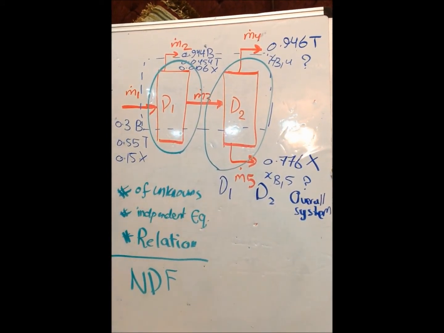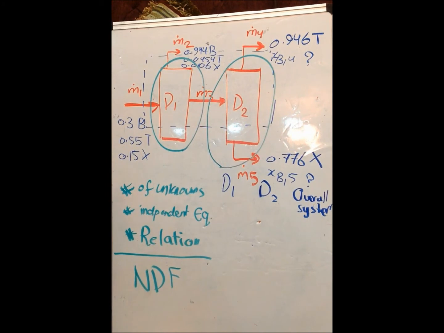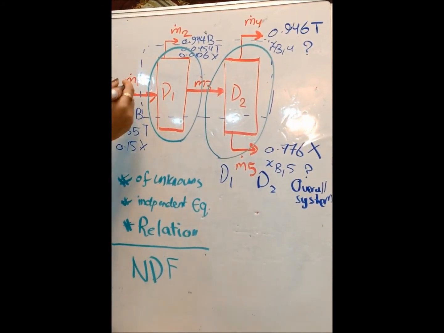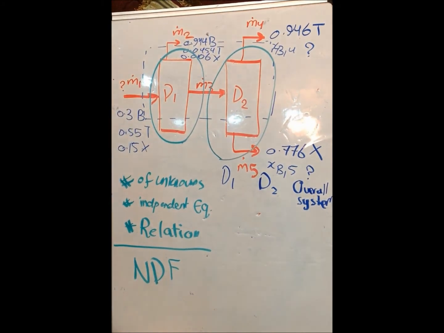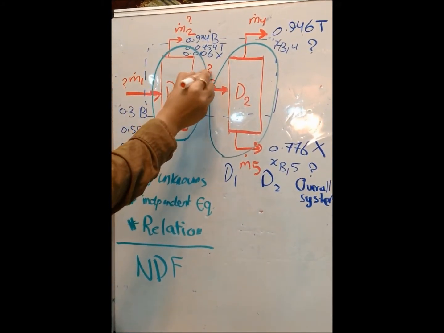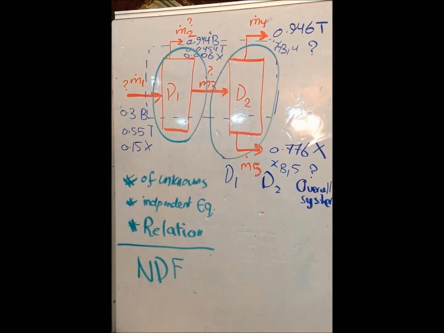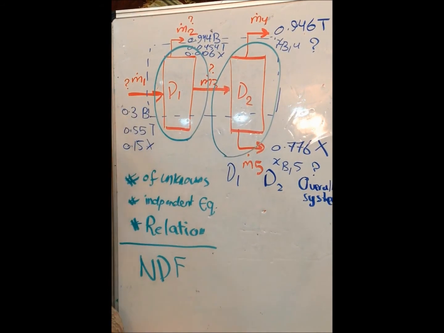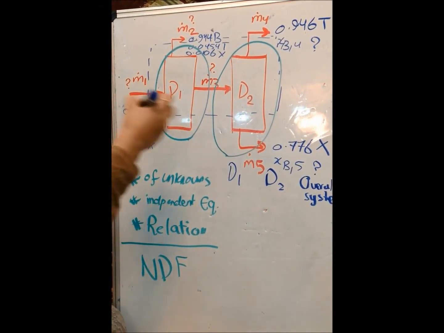First of all, let's count the unknowns in the first distillation column. We don't have the mass flow rate for the first stream, in addition to this one and this one, and the composition of these 3 components in the mass flow rate of the third one.